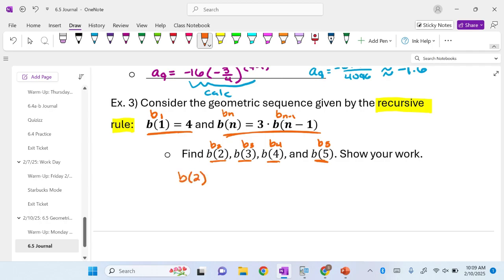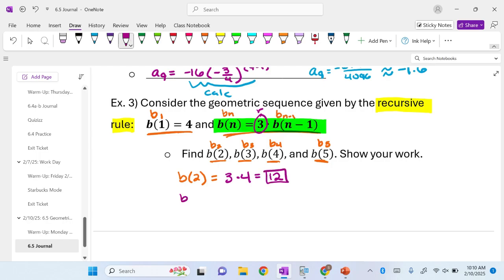So if I find B2, that'll be equal to, what would I be multiplying to the 4, which is my B1? What does it say in my formula? So right here, we're multiplying 3 to it. So that's my R value or my ratio. So this would be 3 times 4, which is my B1 value, which is equal to 12.